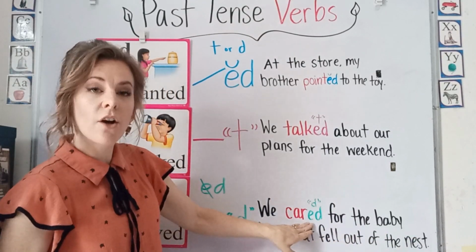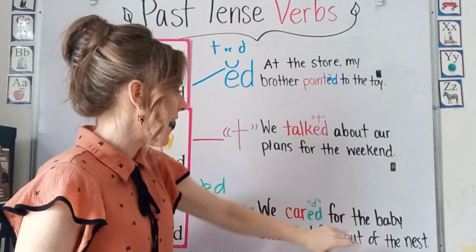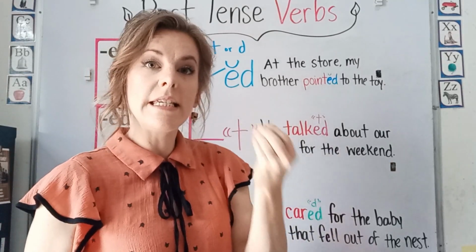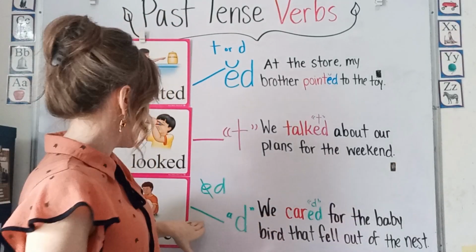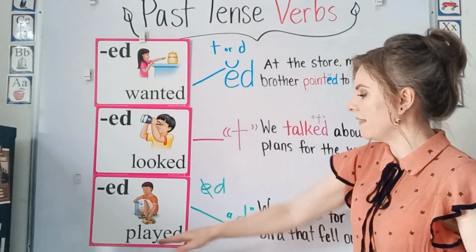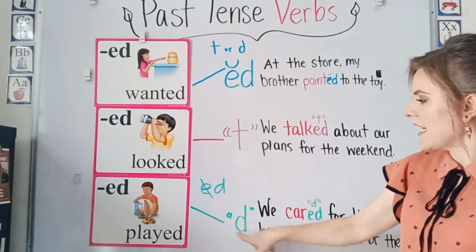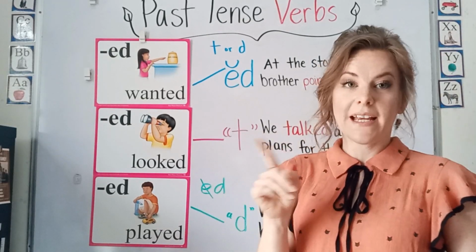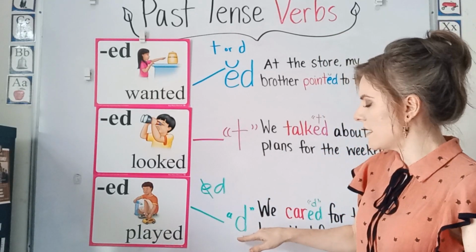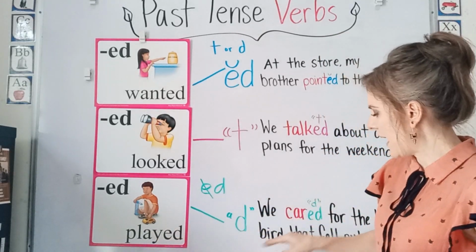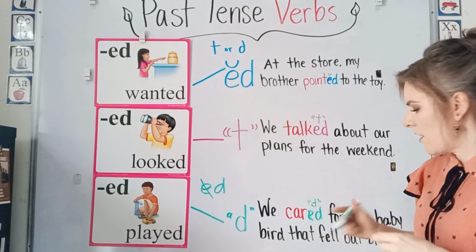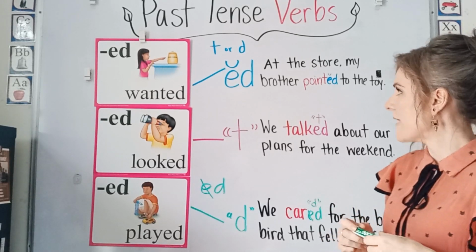So we cared for the baby bird that fell out of the nest. This ed makes the D sound in played, okay? So the D is just the D sound. The E doesn't make a sound. We cared, the E is silent, for the baby bird that fell out of the nest.